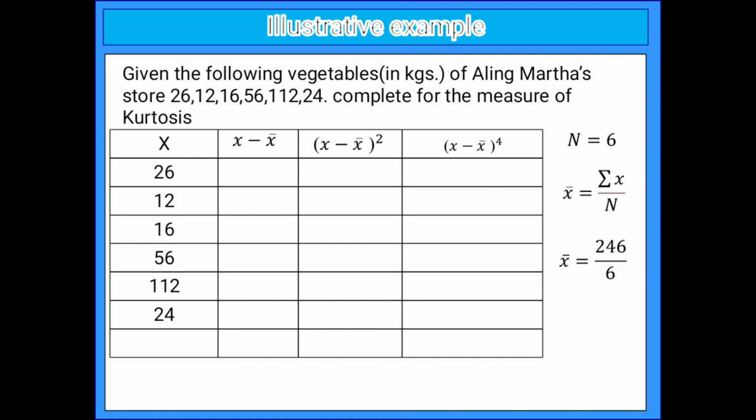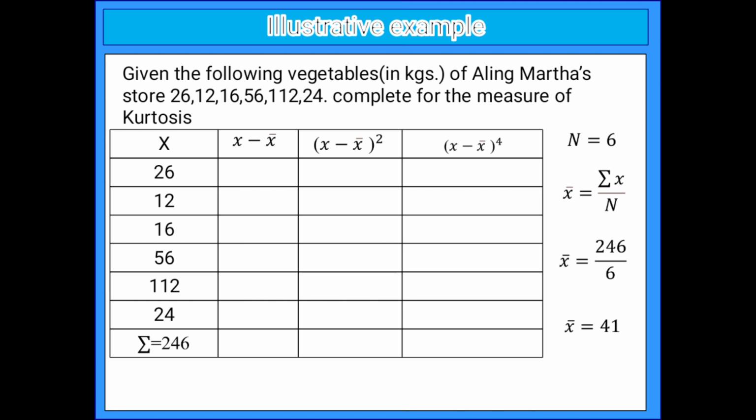First, you need to get the summation, or add all of those data here. Our total is 246, divided by 6, which is our n, and then our mean, or mu, is equal to 41.